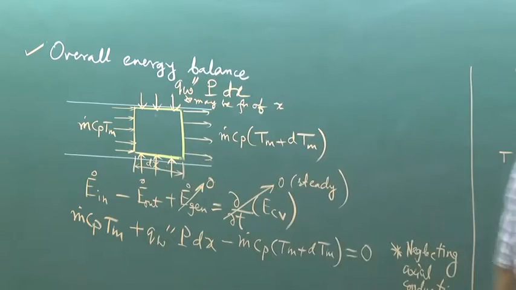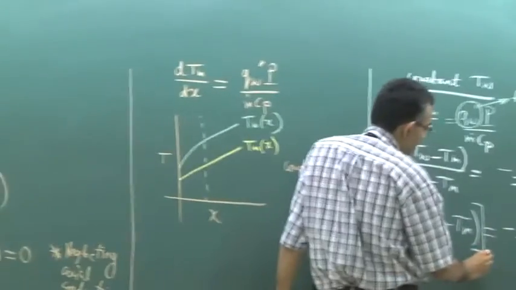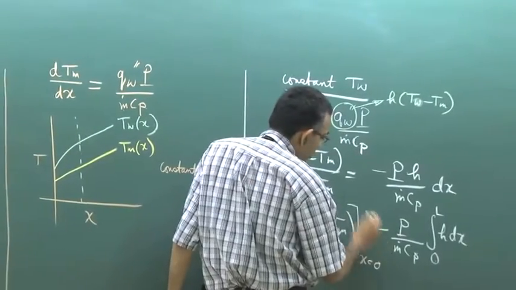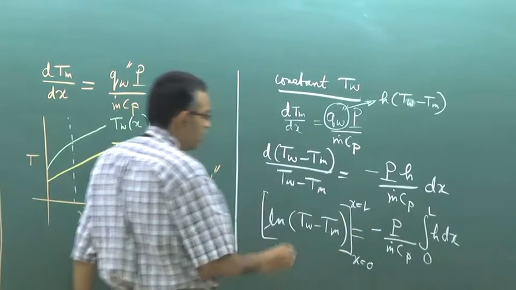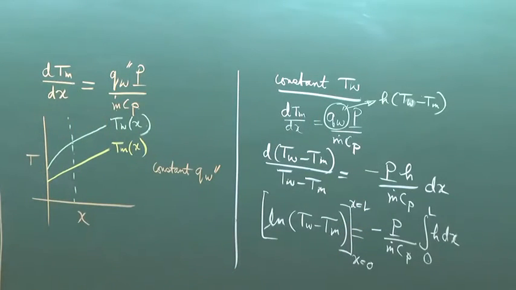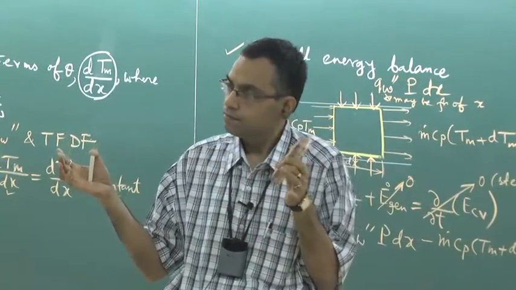This of course we have to put a definite limit from x equal to 0 to x equal to L. x equal to 0 is the starting and x equal to L is the ending of the channel.